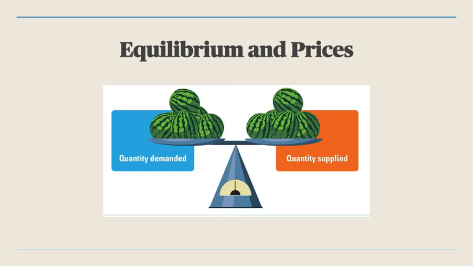And so we've now moved into talking about this idea of equilibrium, right? That when supply and demand meet, then the quantity demanded and the quantity supplied are the same, and the market has reached equilibrium. So this picture here, one of the examples we've used from the textbook, is about a farmer's market where the farmer sells watermelons, and it takes him some time to figure out the right price of the watermelons.